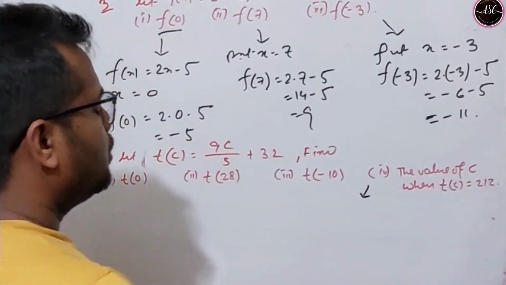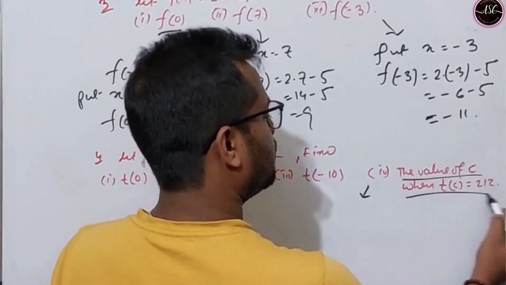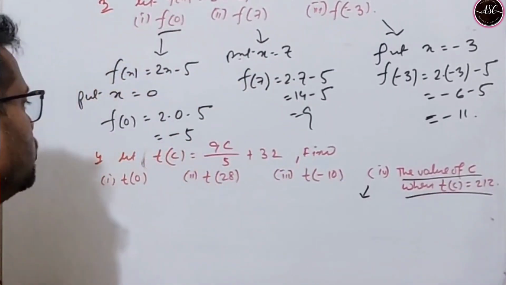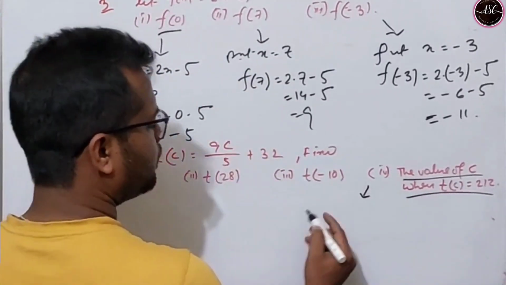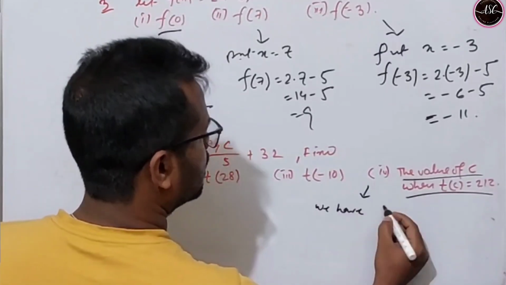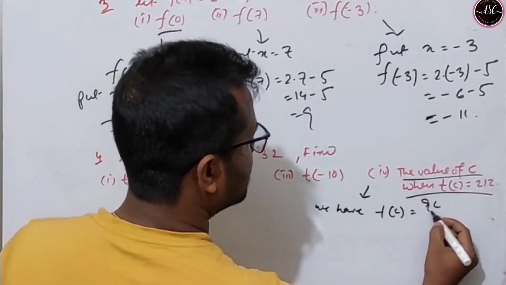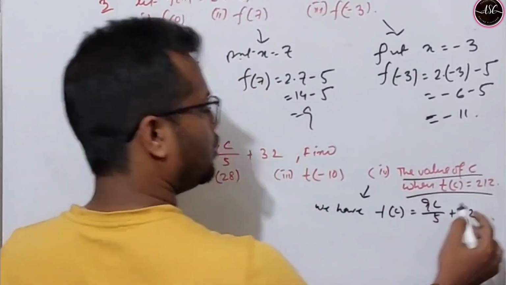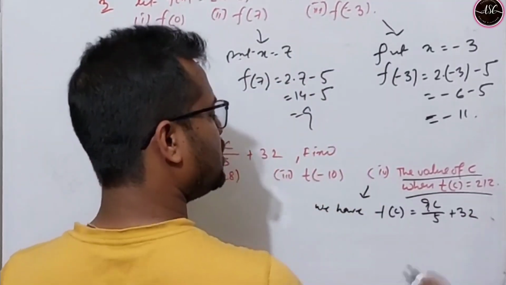Here, find the value of C when T(C) equal to 212. So we have T(C) equal to 9C by 5 plus 32. Then it is given T(C) equal to 212.